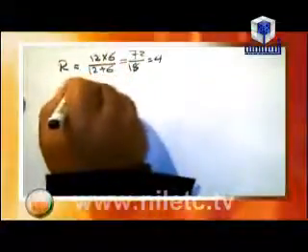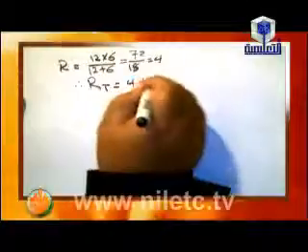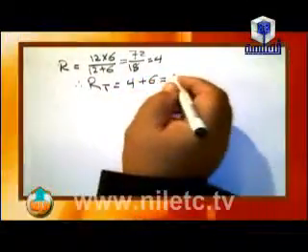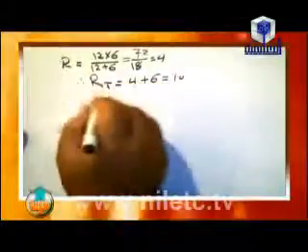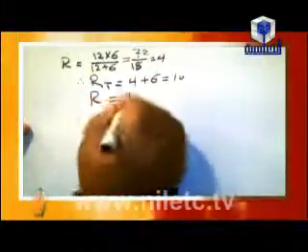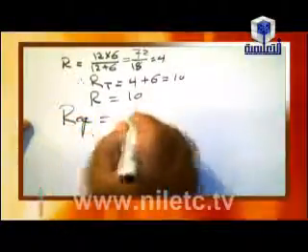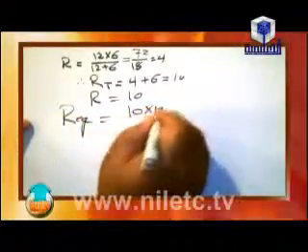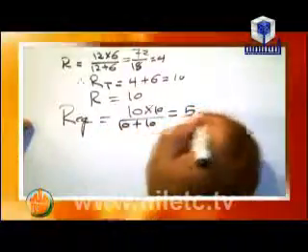And then our total equals 4 plus 6 equals 10, and the other resistor is also equal to 10. So our equivalent resistance equals 10 times 10 over 10 plus 10, which is equal to 5 ohm.